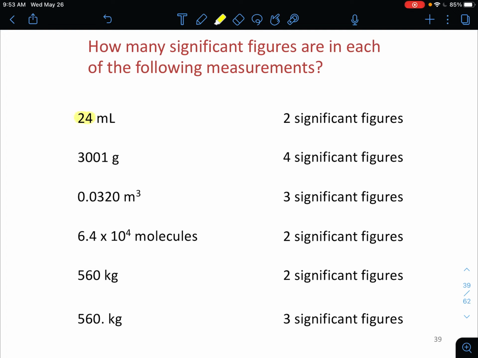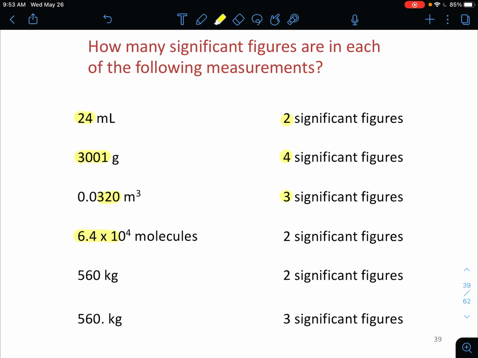Okay, 24 milliliters, pretty clear, right? Those are our two significant figures. 3001, all four of those count. 0.0320, it's these, right? 320. Those are our three significant figures.